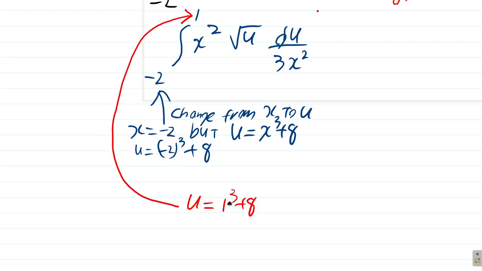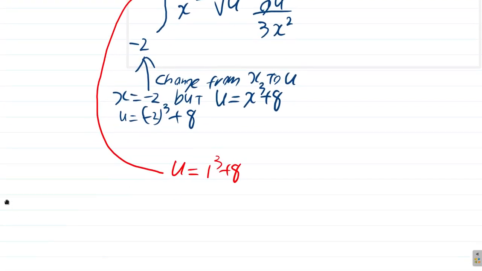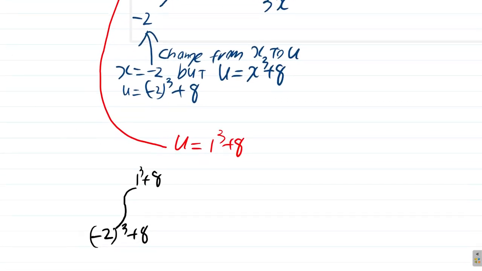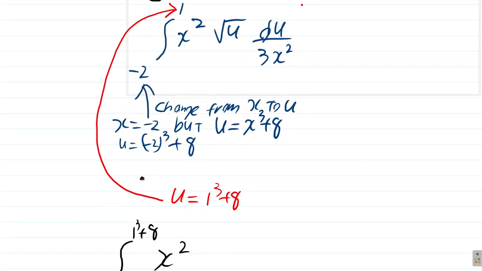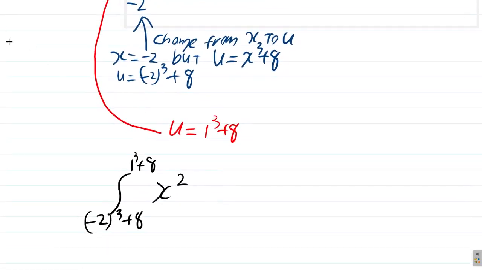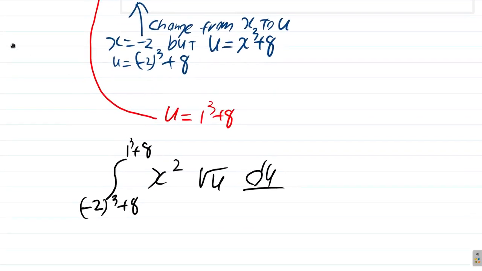So let's rewrite the function. We have the integral from negative 2 cubed plus 8 to 1 cubed plus 8 of x squared square root of u du over 3x squared.